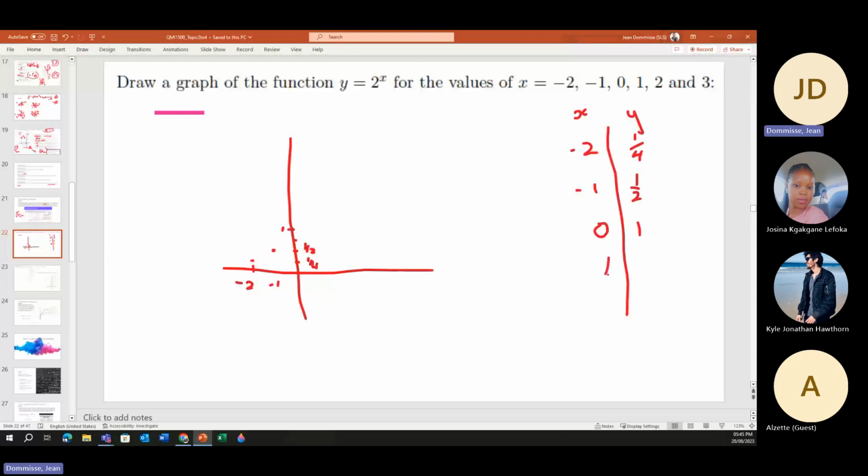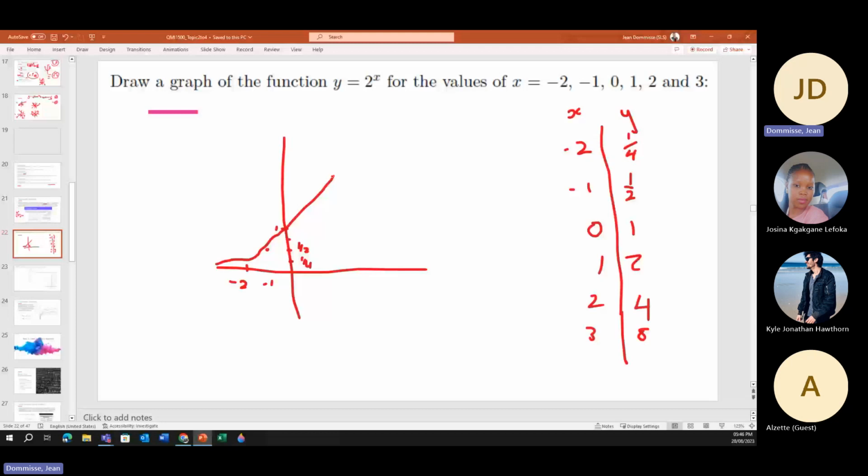When it's 1, your answer is 2. When it's 2, your answer is 4. When it's 3, your answer is 8. So you will see that the graph does something like that.